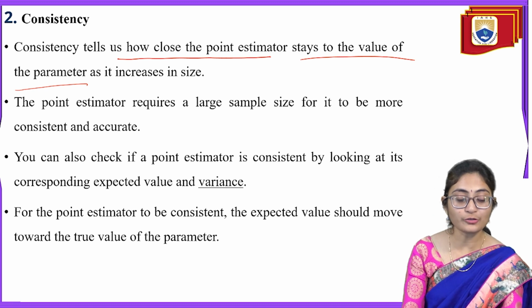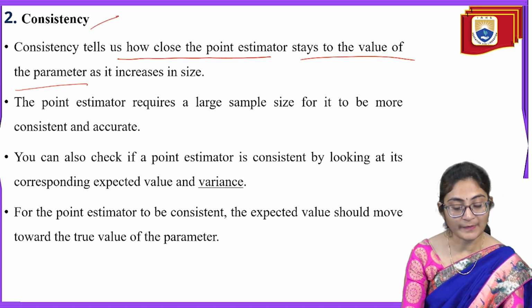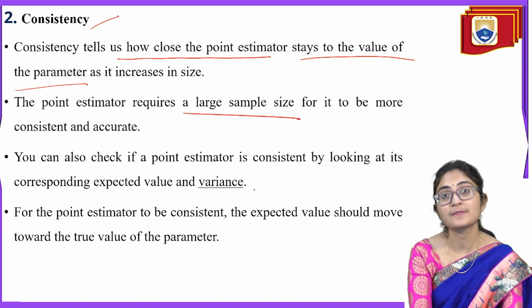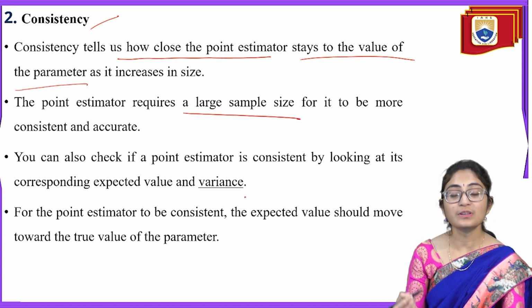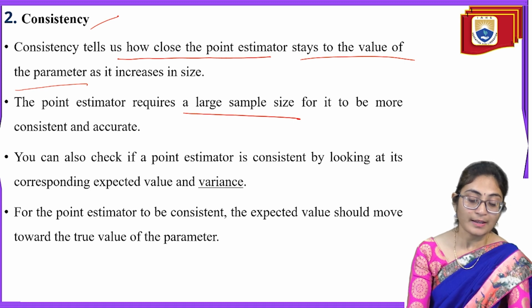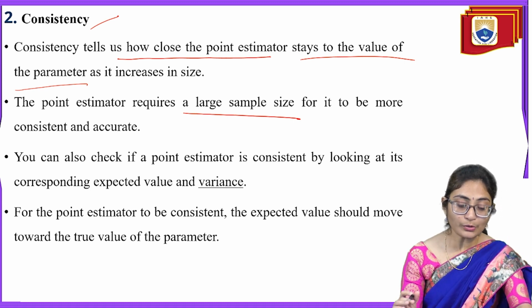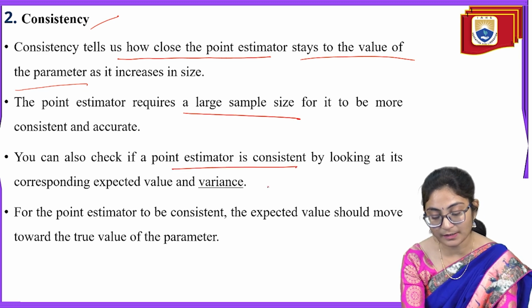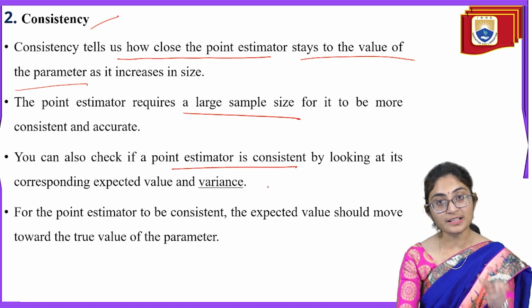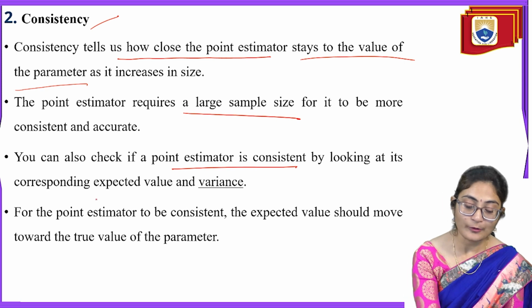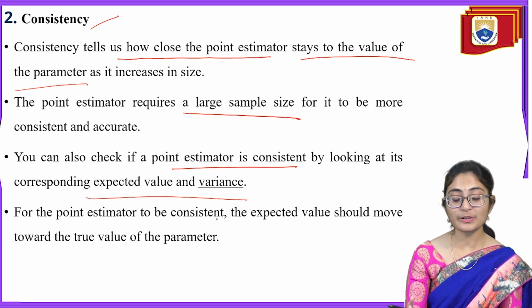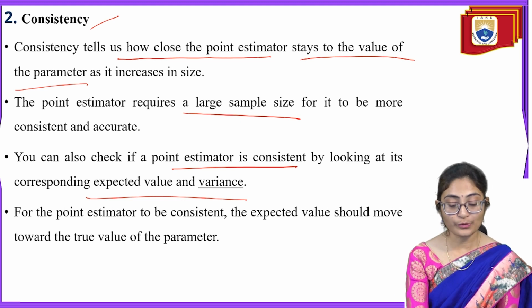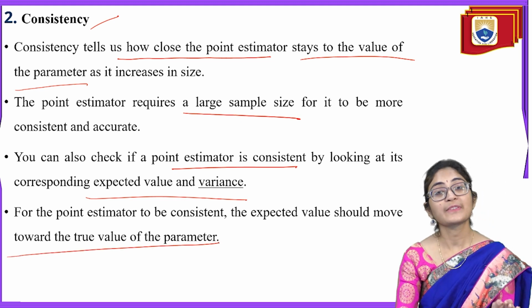A point estimator generally requires a large sample size to be more consistent and accurate. You can also check if a point estimator is consistent by looking at its expected value and variance, and for the estimator to be consistent, the expected value should move toward the true value of the parameter.